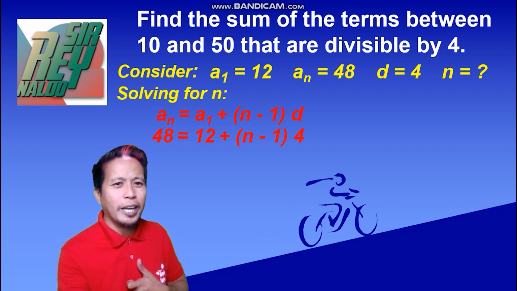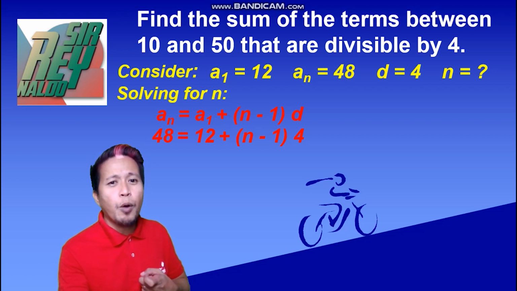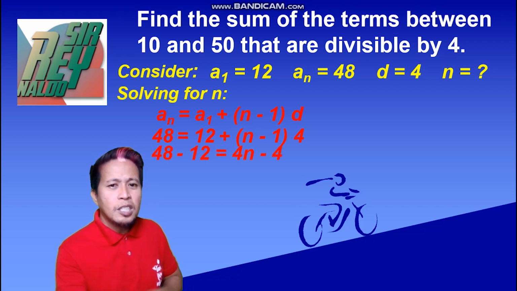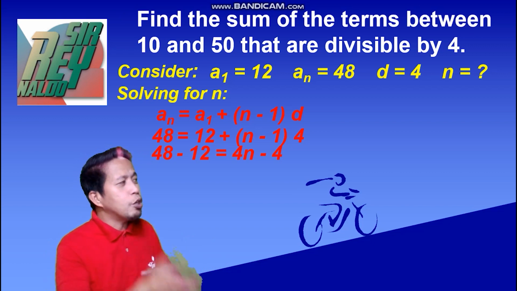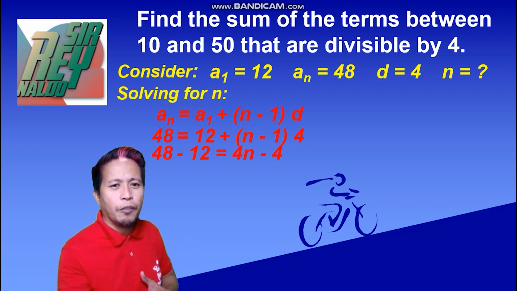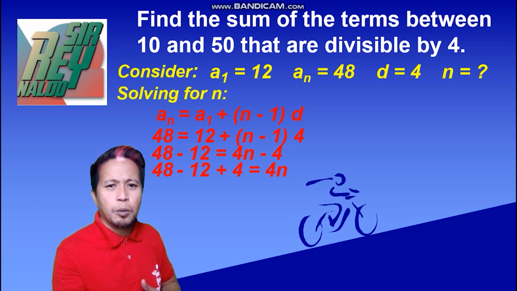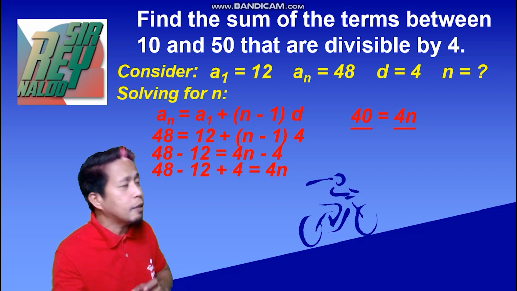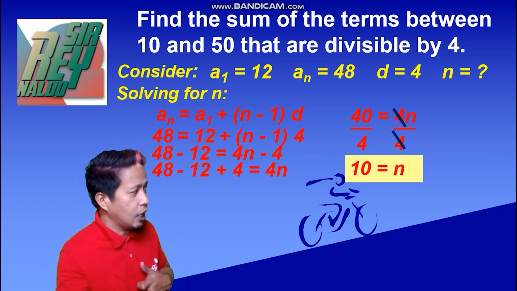By substitution again, a sub n is equal to 48, then a sub 1 is equal to 12 plus the quantity n minus 1 times 4. Simplifying further, we have 48 minus 12 kasi we use the subtraction property of equality. Then we have 48 minus 12 plus 4 is equal to 4n. And finally, we have 40 is equal to 4n. Divide both sides by 4 and n is equal to positive 10.